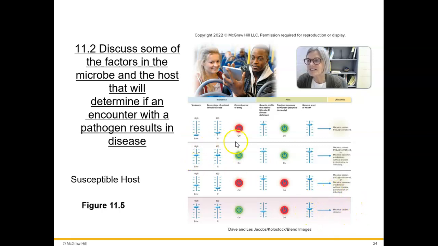So it's not easy to figure out, will this pathogen cause disease? Because it's not just a simple yes or no. It's going to have a lot to do with how the person was exposed to the pathogen and what the pathogen is and what the host characteristics are. So you can look over this and see some of the outcomes of these different combinations of things.